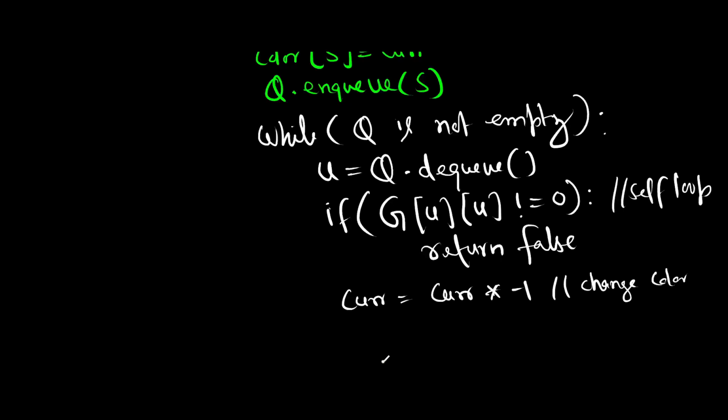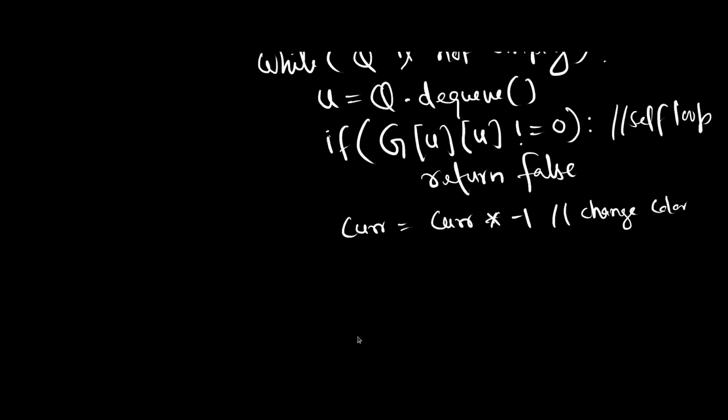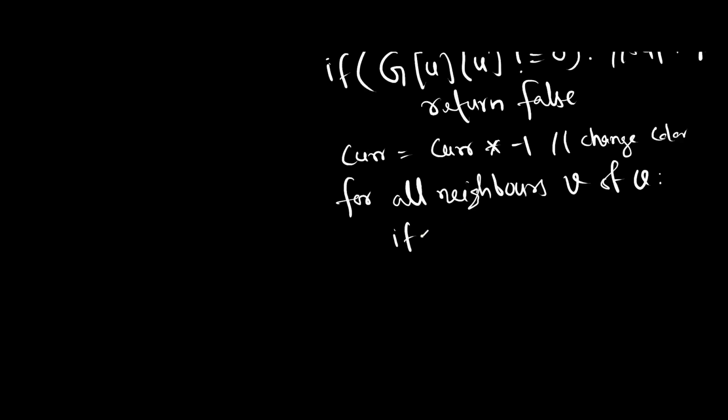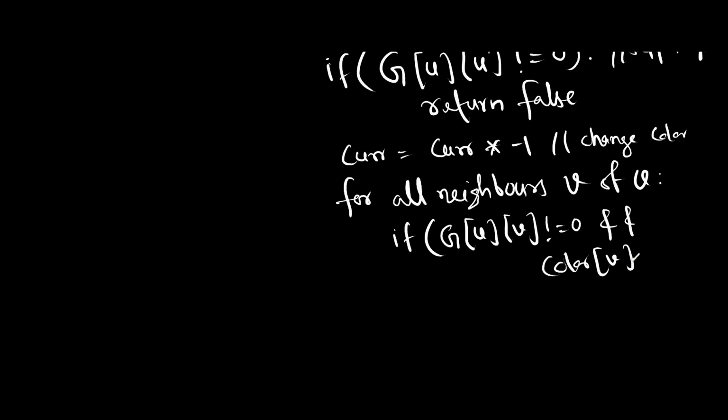Okay, now what is next? We have to loop on neighbors. And how can you do that? Let's start. For all neighbors v of u, there is a condition that we need to check. If g[u][v] is not equal to 0, this is one thing, and there is a second condition to it: color of v equal to 0.